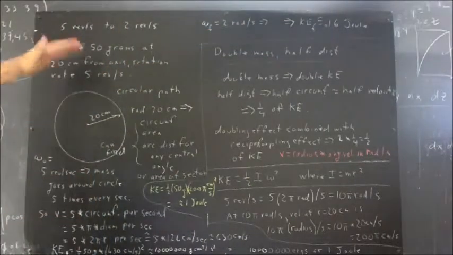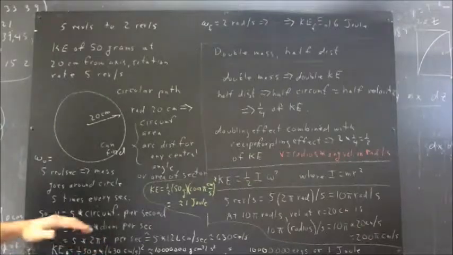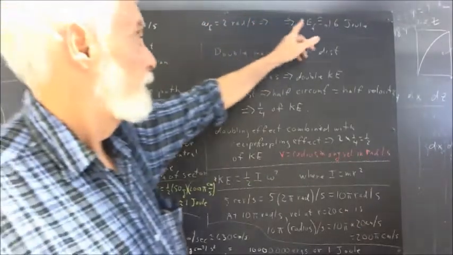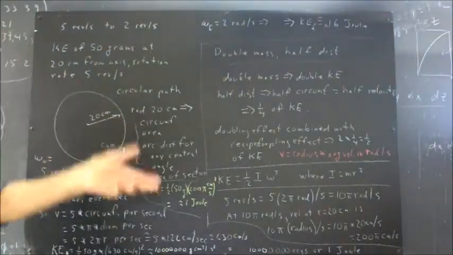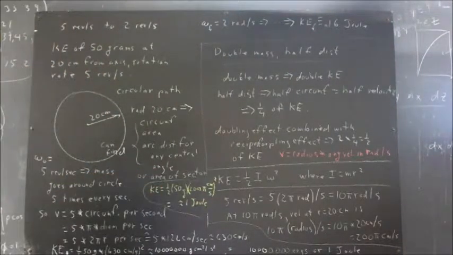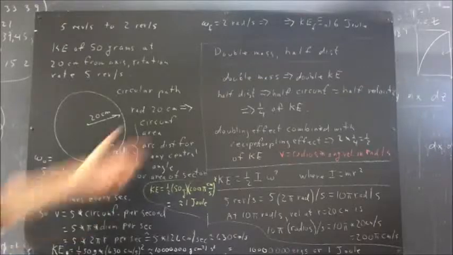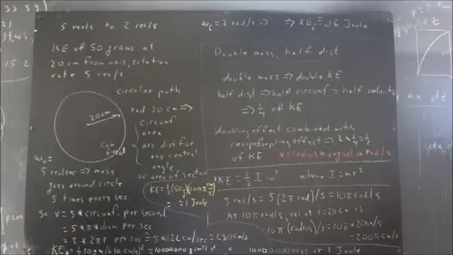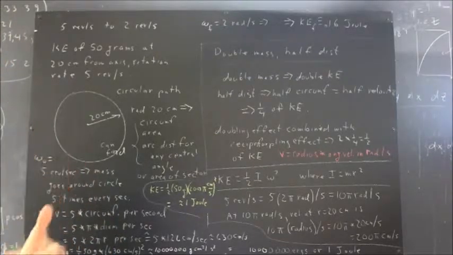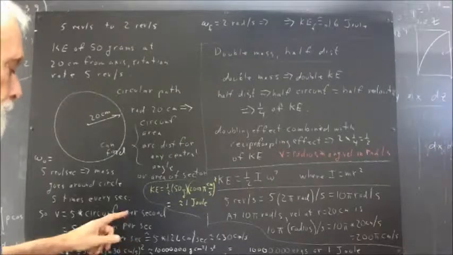Okay, well, now the final angular velocity is 2 radians per second. If we follow all this reasoning, we determine that the final kinetic energy is 0.16 joules. We can also determine that because 2 is 2/5 of 5. And our velocity is therefore going to be 2/5 as great, or 0.4 as great. And if you square 0.4, you get 0.16.